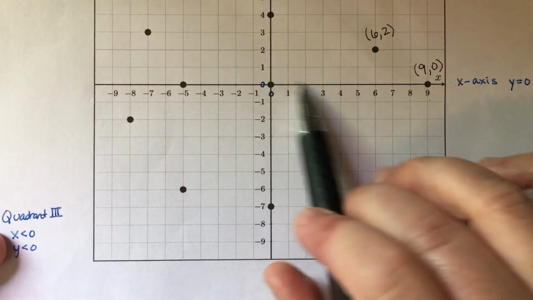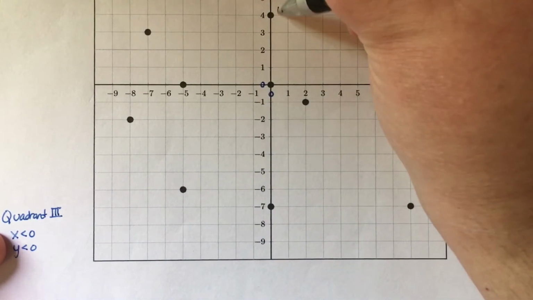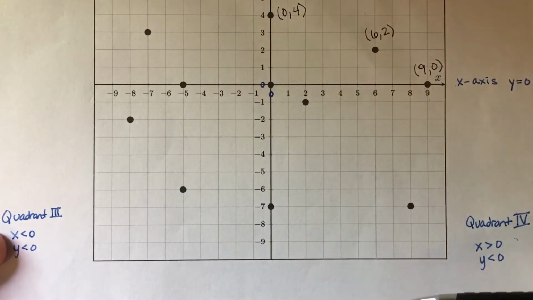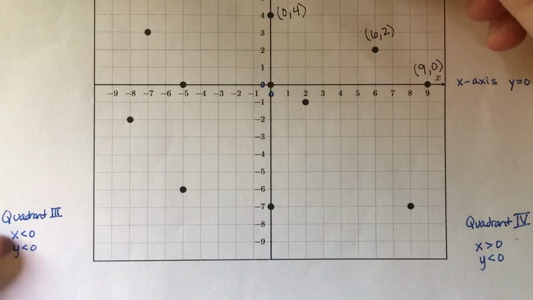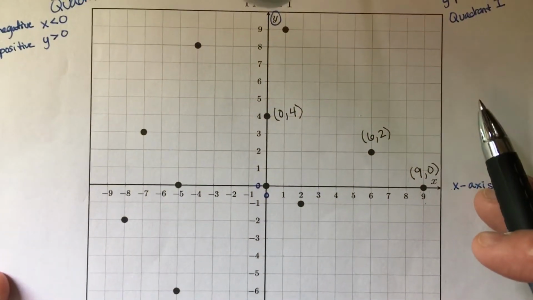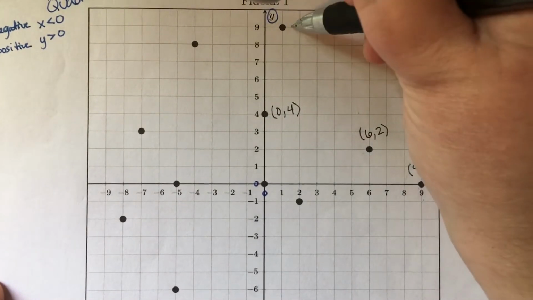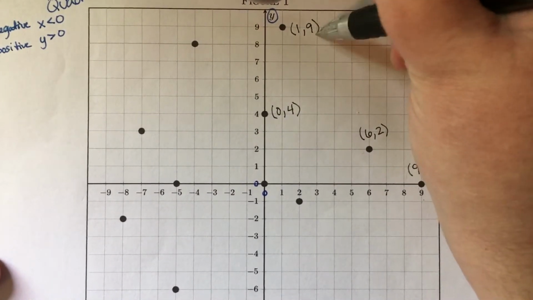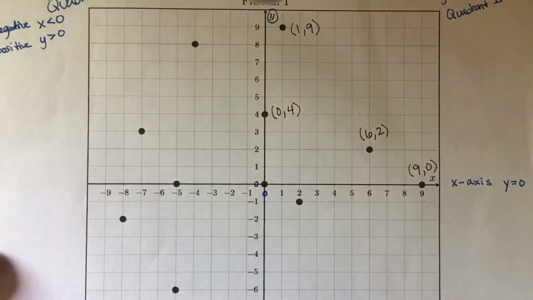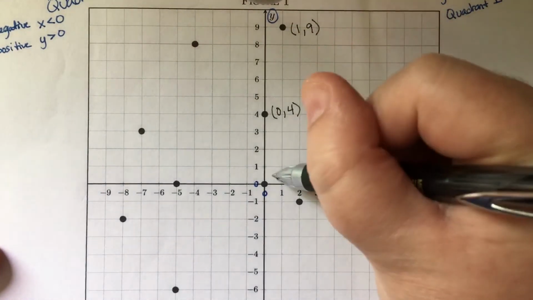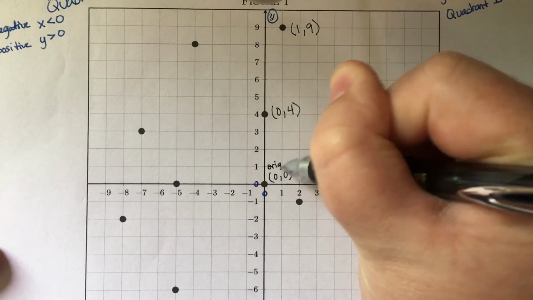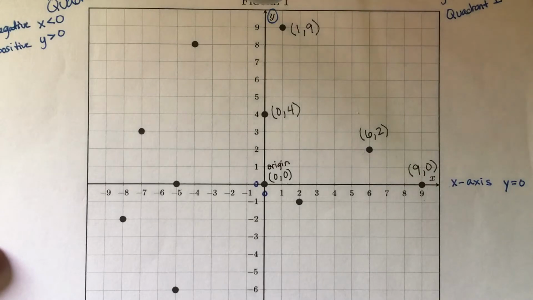On this point, we don't move over anything, so the x value is 0, but the y value is up to 4. And then this other point that's in the first quadrant is off my screen on my video. There we go. The x value is 1, the y value is 9. So over 1, up 9. I guess I could also label the origin. So remember, this is called the origin, (0, 0).